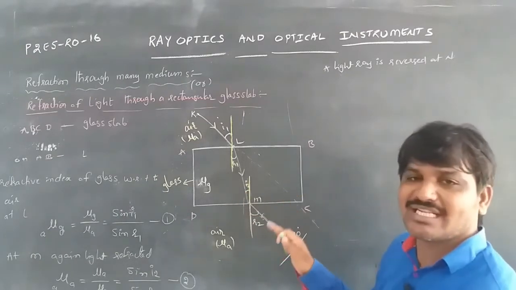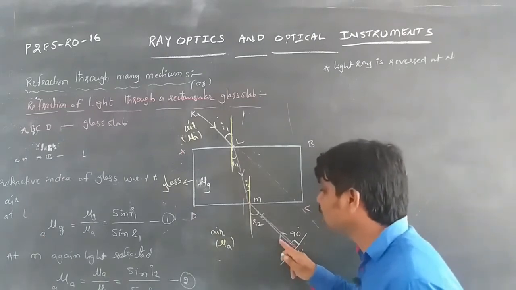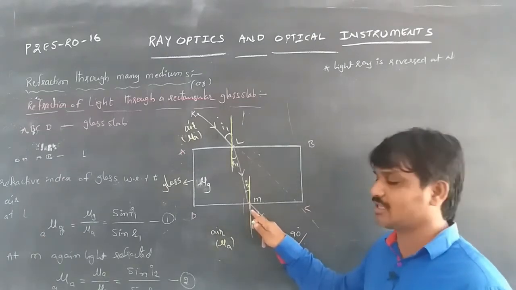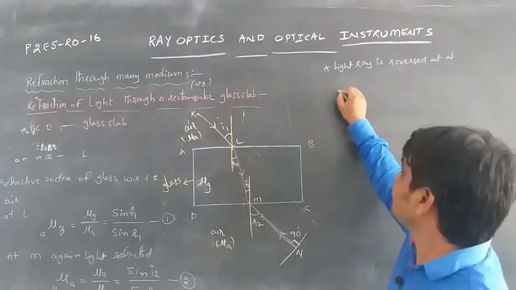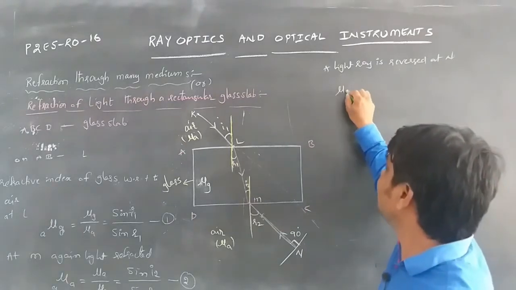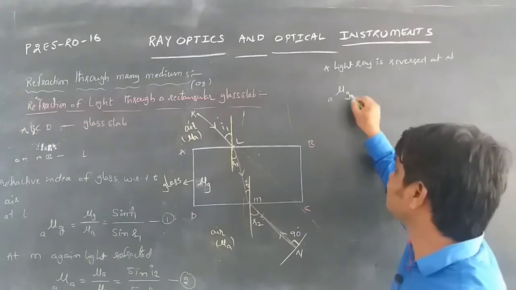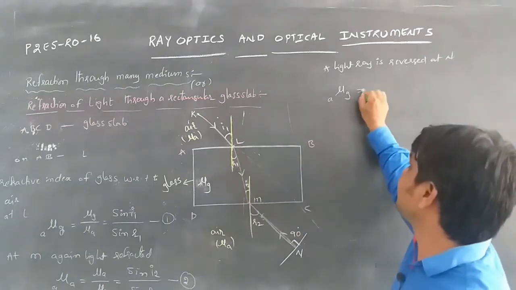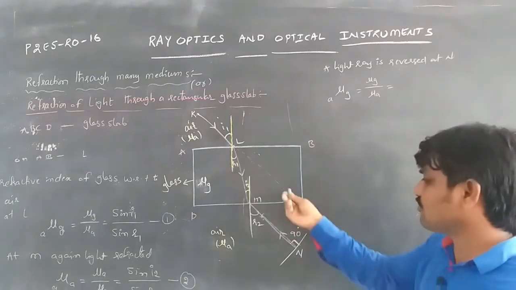According to the principle of reversibility of the path of light, the light ray will move back along the same path. So the refractive index of glass with respect to air, because it is moving from air to glass, is mu g by mu a.